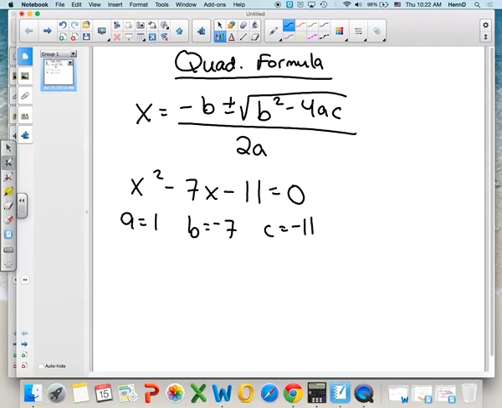And now you just have to plug it into the formula. So the formula says negative b, so negative 7 is 7. B squared means negative 7 squared, and then negative 4 times 1 times negative 11.